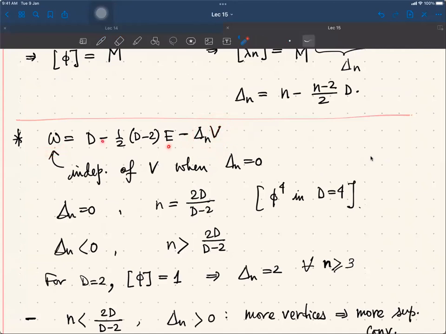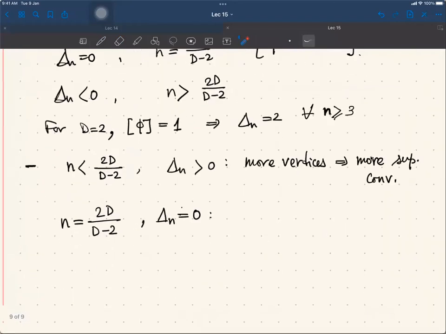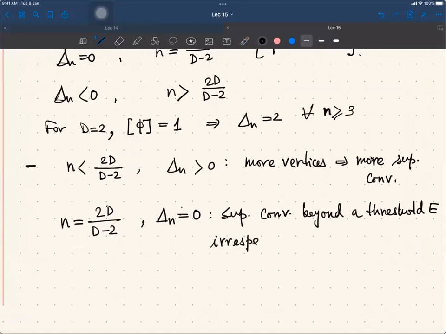Since E is coming with a negative sign here, provided d is greater than 2, beyond the threshold value of E it will be convergent. It will be negative. So therefore, superficially convergent. So this means for a dimensionless coupling, you will have superficial convergence beyond a threshold E, irrespective of V.